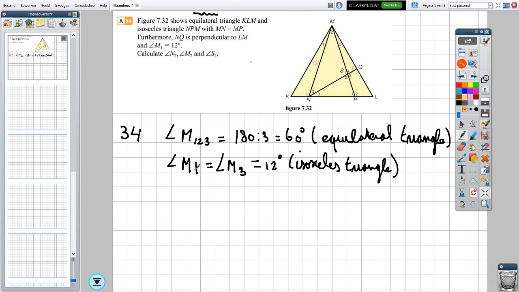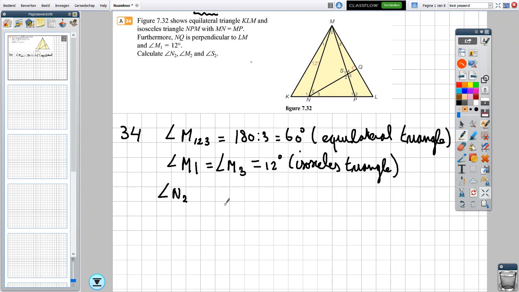And if I know M1 and M3, I can first calculate angle N2, or I can first calculate M2.